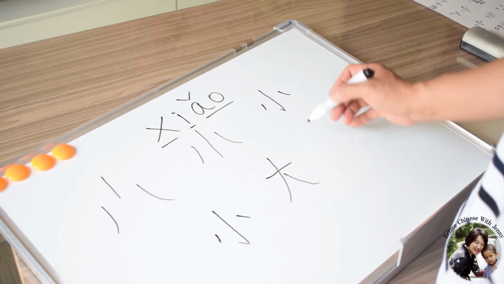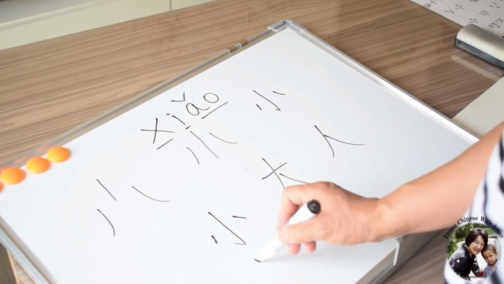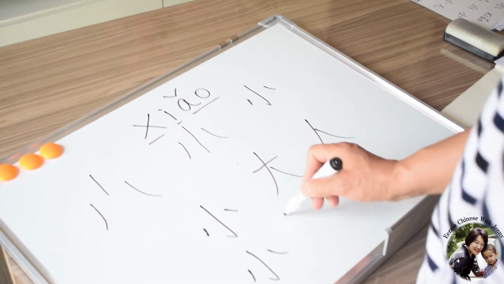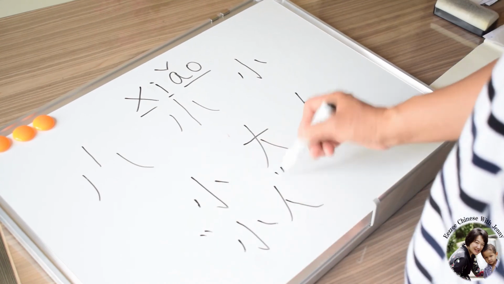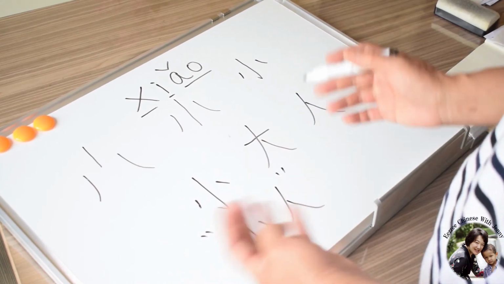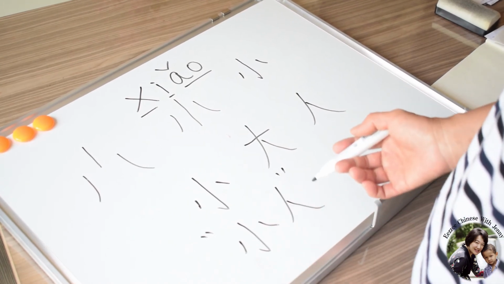If we remember, we have learned the character 人. If we put the small and person together, it's a phrase meaning kid, little kid. Little person means children.